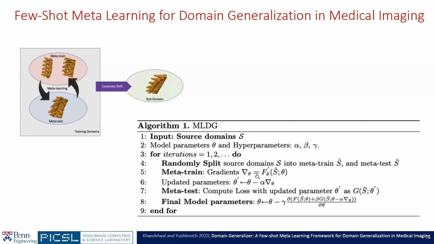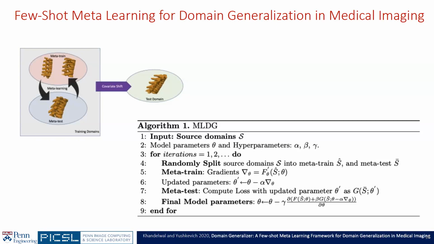train images, right? Next, with that meta test image, you do another forward pass, and you get another set of updated parameters, theta prime. So you do one forward pass with your meta train, get the updated gradients.